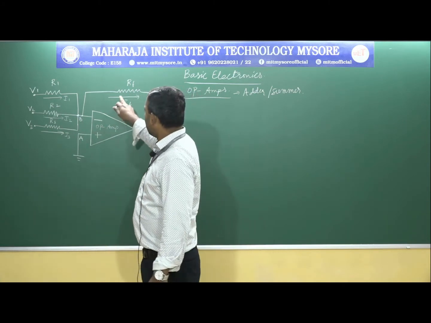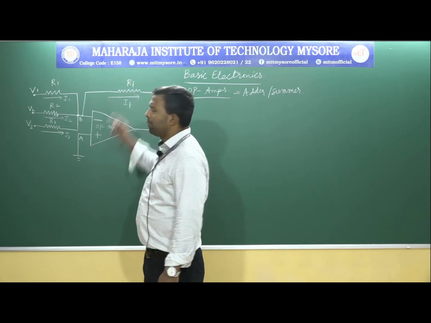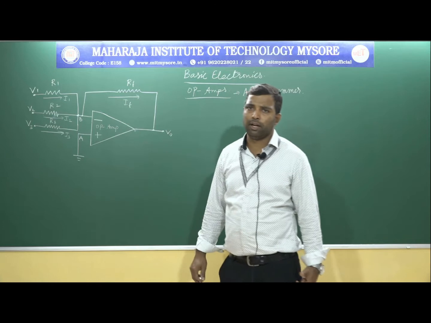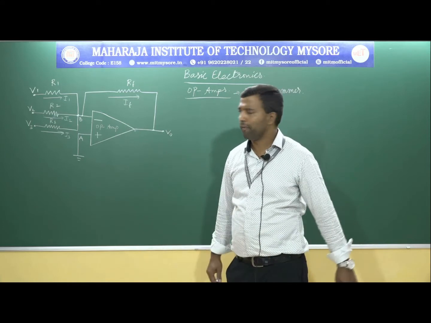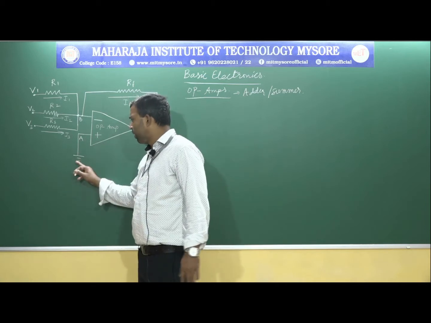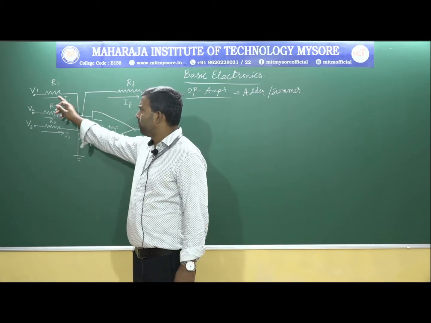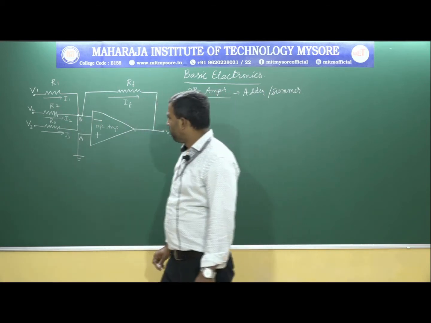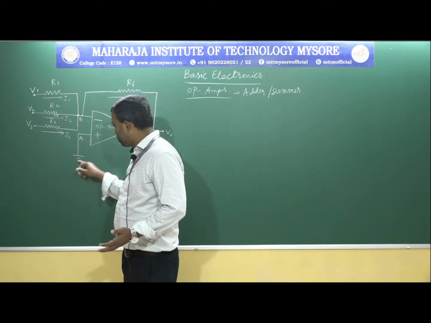Similarly, the current through the feedback resistor RF is IF. And observe here, the non-inverting terminal is grounded and we are applying the inputs V1, V2, V3 to the inverting terminal.